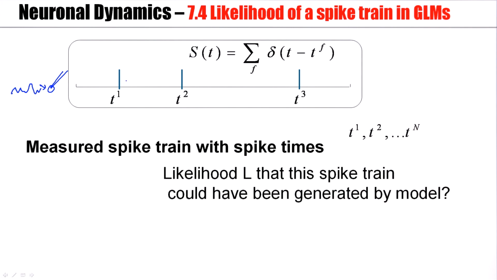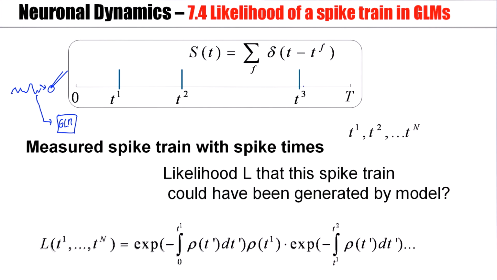Suppose we inject the same current in our neuron model, for example, a spike response model with escape noise, also called generalized linear model. Then, what is the likelihood that this spike train, with those specific spike times, could have been generated by our model? And as we have seen last week, we have an expression for this.